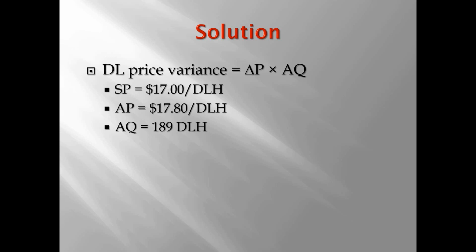So let's put these into our formula. This formula says that the direct labor price variance is the dollar difference between paying our workers $17.80 versus paying them $17 that we expected to pay, times the 189 labor hours that the firm used during the period.